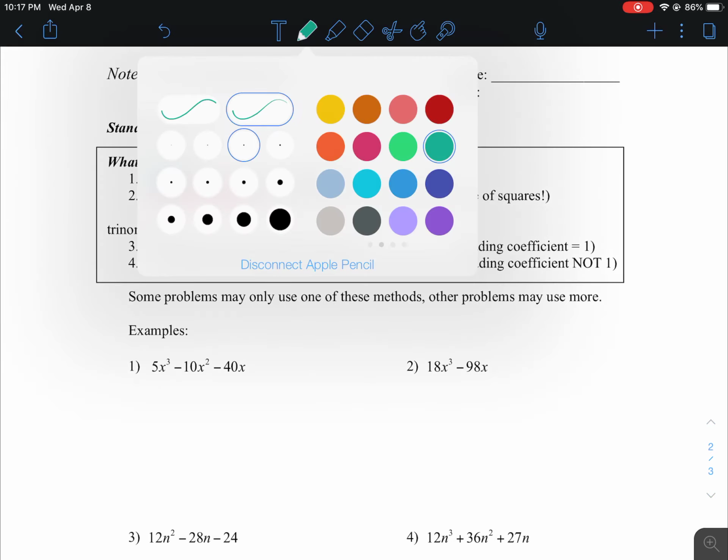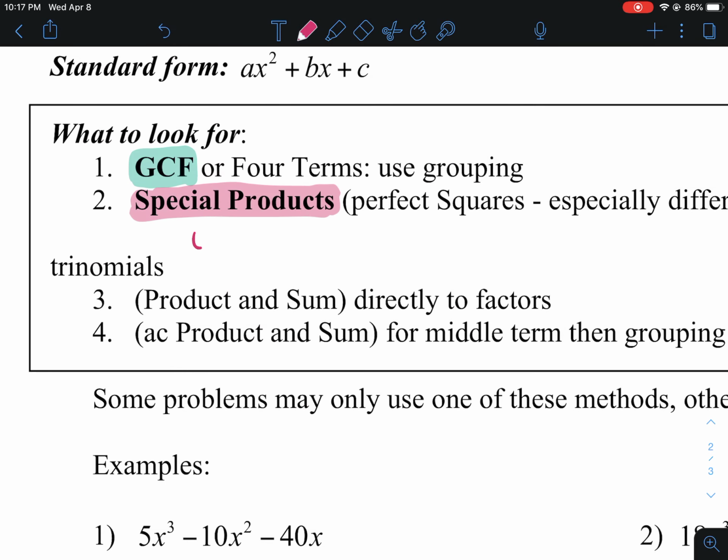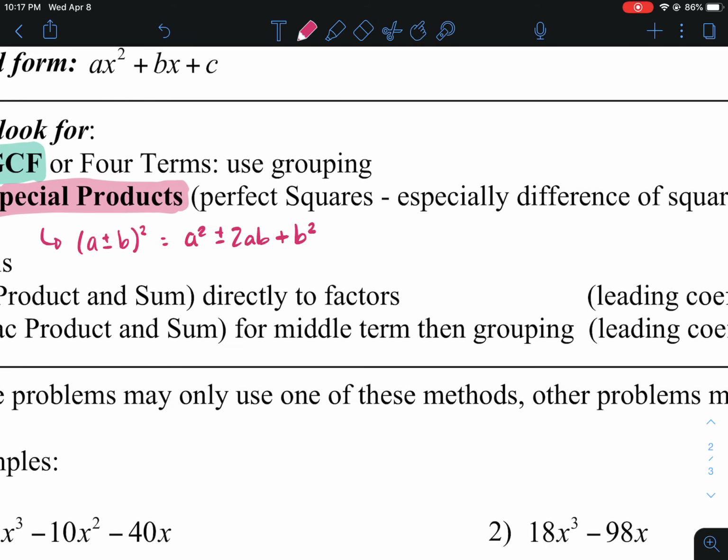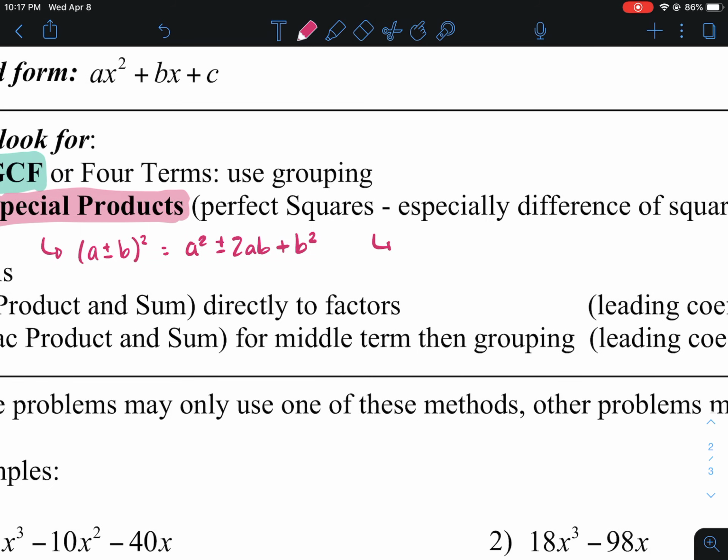Perfect squares are a plus or minus b squared, which is a squared plus or minus 2ab plus b squared, and our difference of squares is a plus b times a minus b, which is a squared minus b squared, right? So if I see this pattern or this pattern, I know that I can factor them like so, okay?